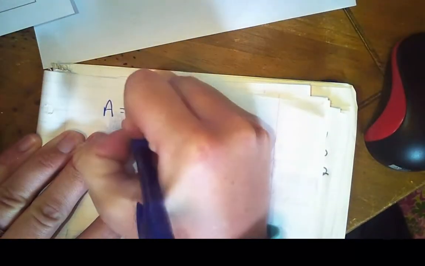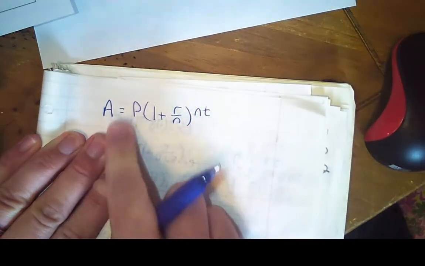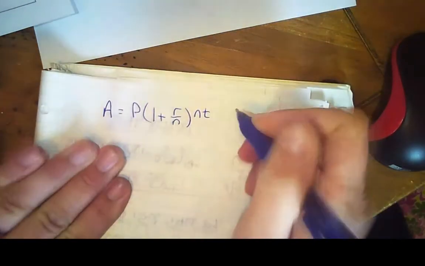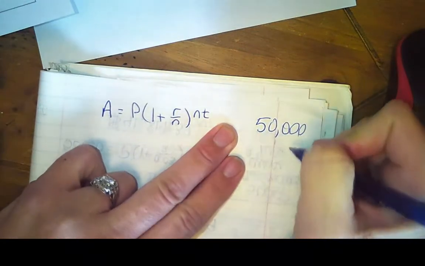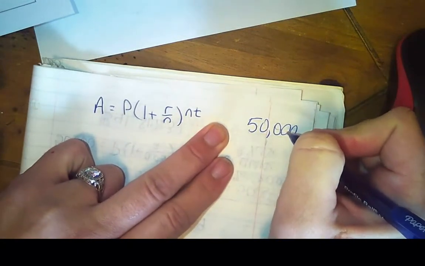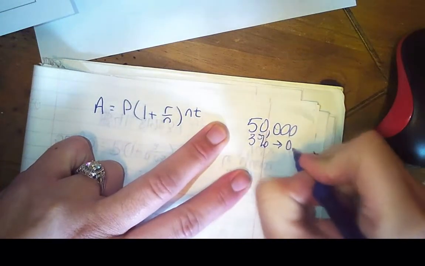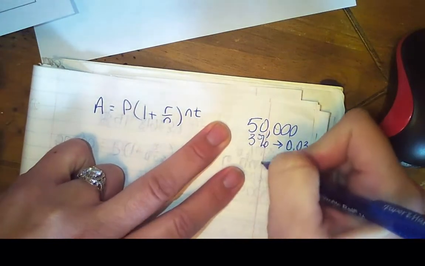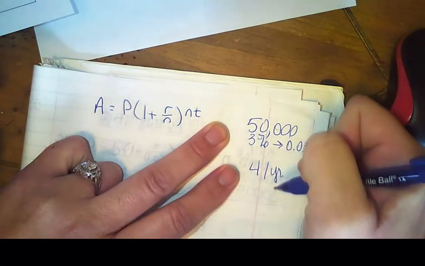So we're just working backwards to find out what that value is. For the second part, we're going to use the same thing. I have A equals P times 1 plus R over N raised to the NT, but I want to find what I started with. So the value I have accumulated is 50,000 still, but this time I'm at 3% per year. So that's 0.03. I'm compounding quarterly, so that's 4 times per year.